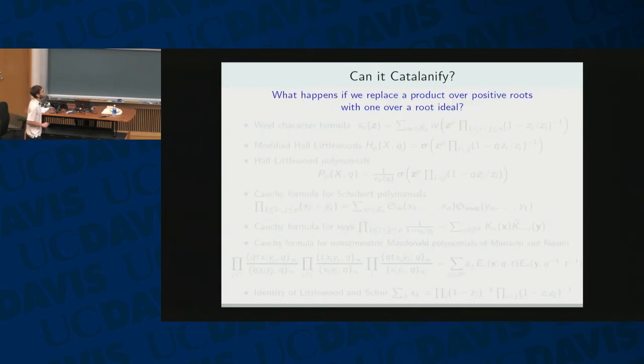Okay, I want to start off giving you a preview of the last slide of the talk. This is really more properly a future work slide, but I thought it was fun to start off with this. Consider the following intriguing question. There are a lot of formulas in Lie theory and in symmetric function theory which involve some kind of product over all positive roots.